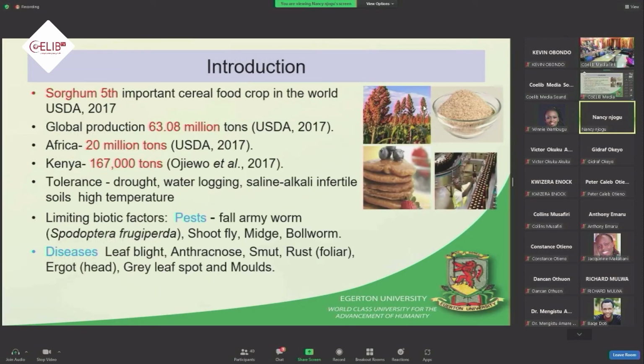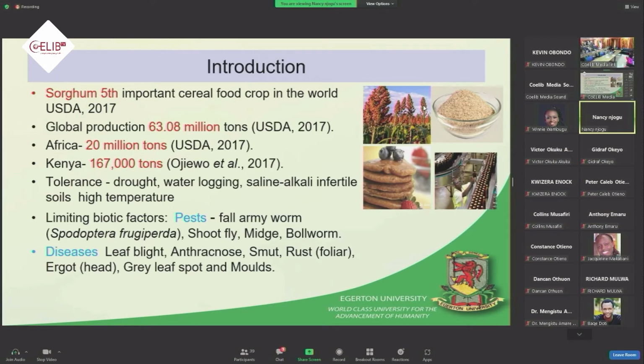And this is my introduction. Sorghum, as has been mentioned by a previous presenter, is the fifth most important cereal food crop in the world, and it is drought tolerant. It has waterlogging and saline tolerance. But apart from its potential, there are limiting biotic factors, that is the pests and diseases.